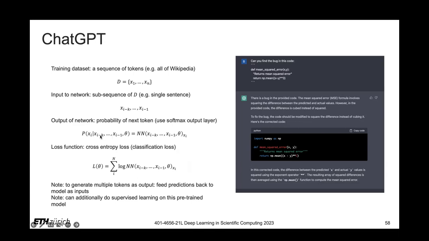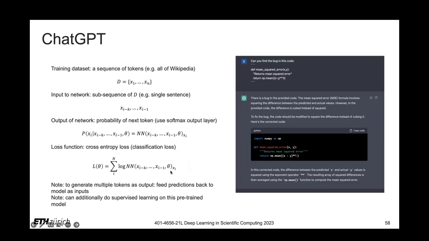So this is basically just standard classification: given an input, what is the probability of the output being of this class, this token? So the network is just trained using a standard cross-entropy loss. And this is exactly the loss function that I derived and showed you in the last lecture last week.